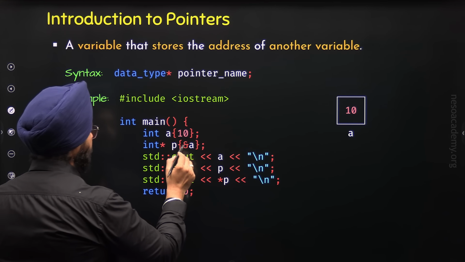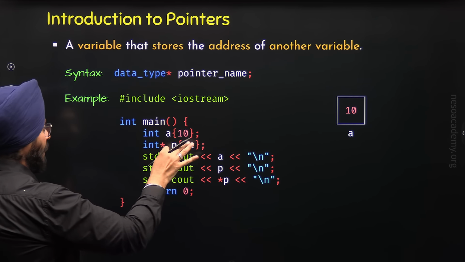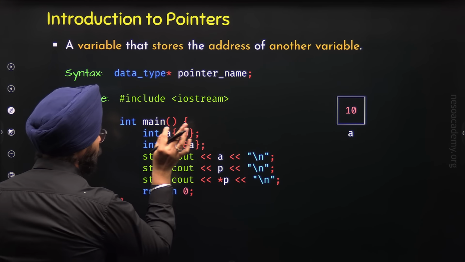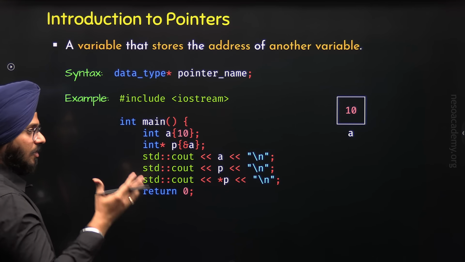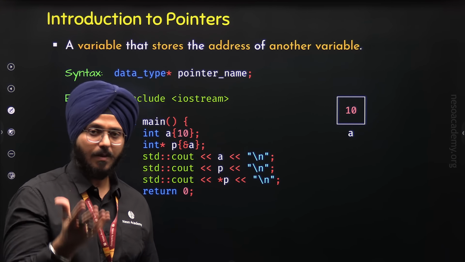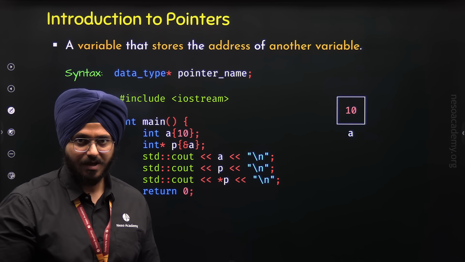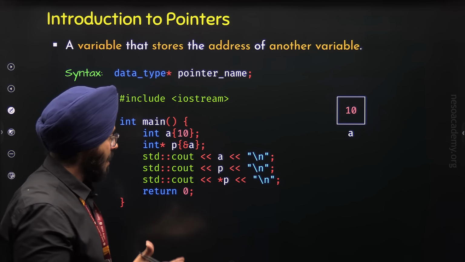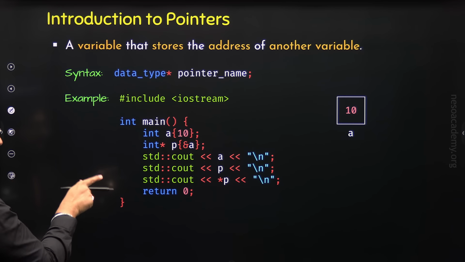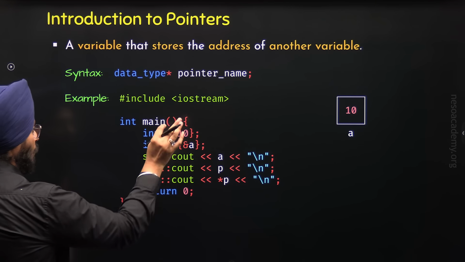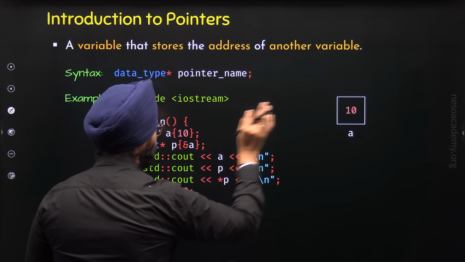Here I have specified &a. This means I am passing the address of this variable a to the pointer p. We know pointer p has the capability to store the address of some variable. So clearly, here I want the pointer p to point to this variable. That's why I am providing the address of this variable.